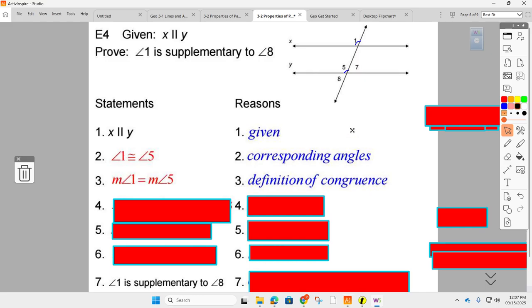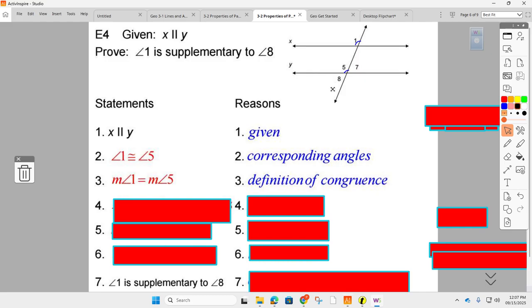What do we know about angle 5 and angle 8? Remember, we're trying to make our way to angle 8. We know the relationship between 1 and 5. What's the relationship between 5 and 8? They're supplementary. How do we know they're supplementary?